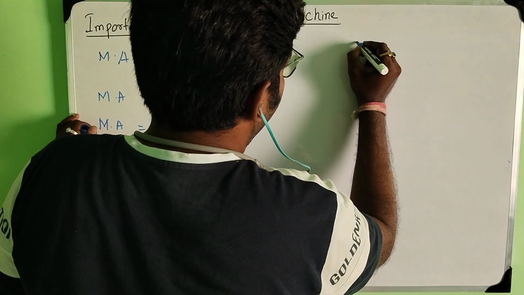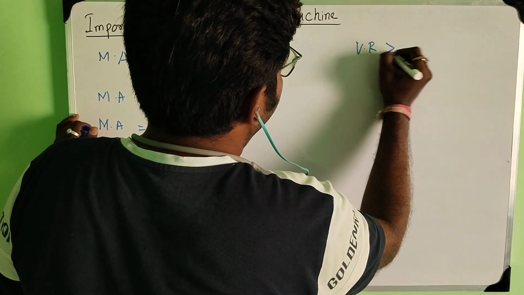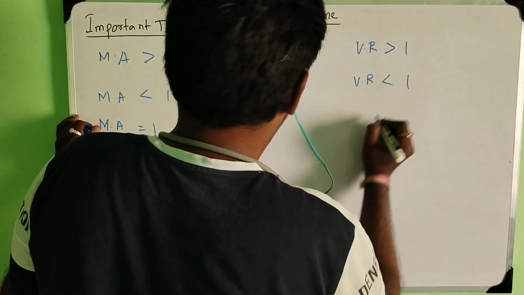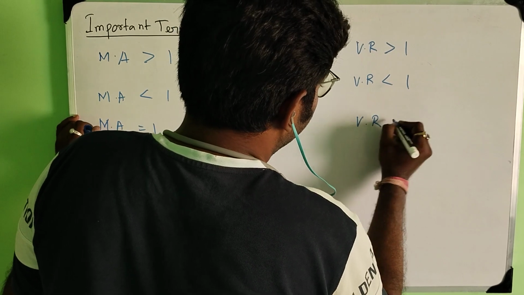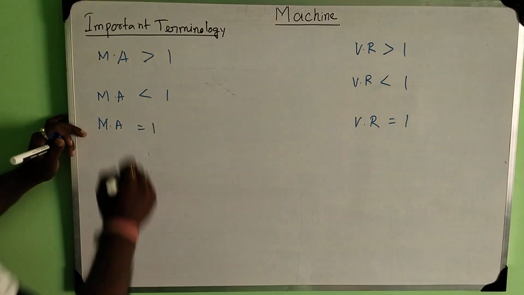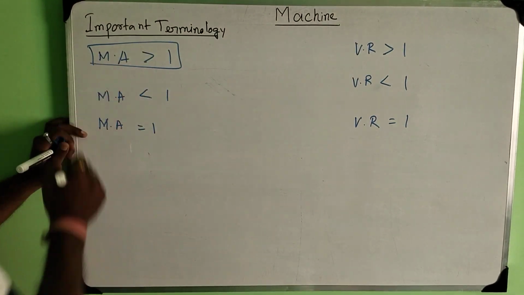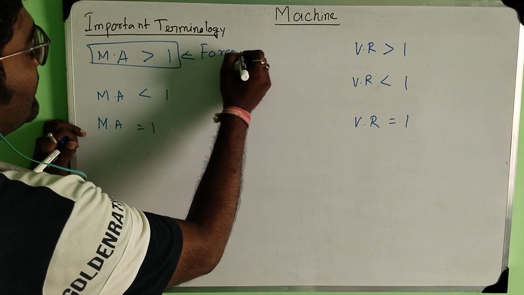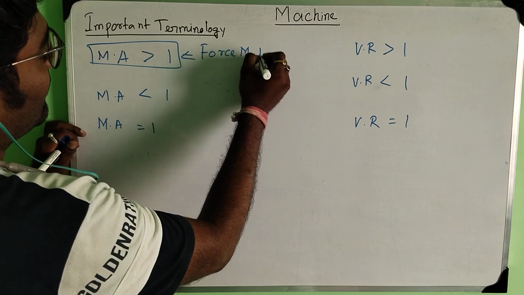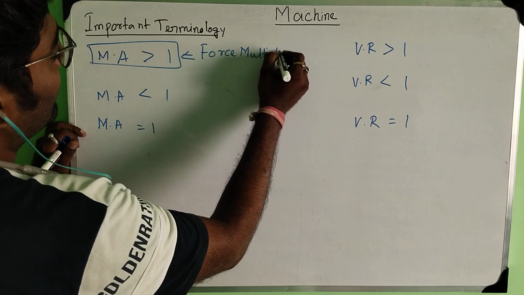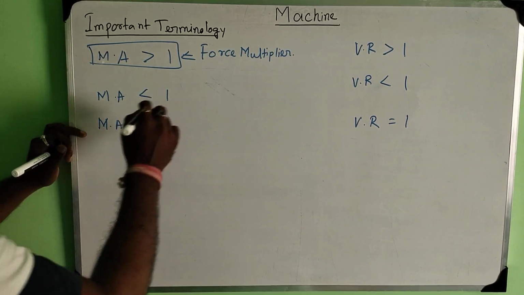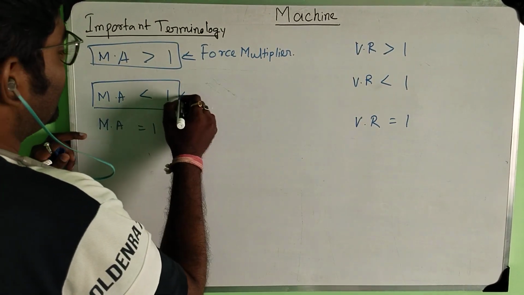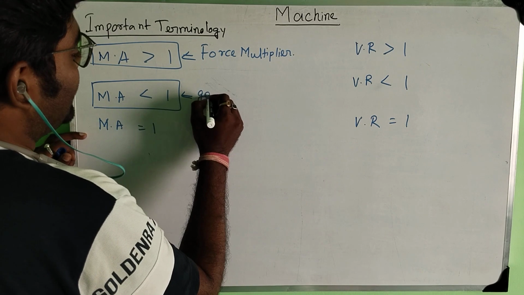Again, velocity ratio greater than 1, velocity ratio less than 1, velocity ratio equal to 1. If mechanical advantage is greater than 1, that means it will act as a force multiplier. Mechanical advantage less than 1 means it will help in gain in speed.